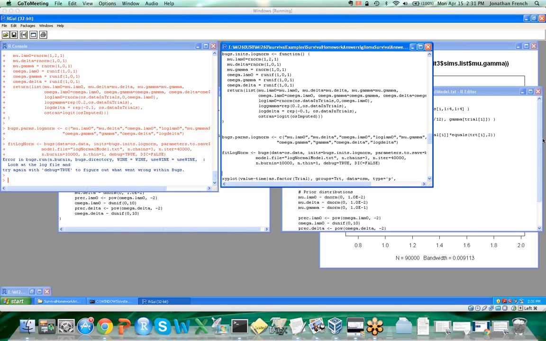Really, what DIC is measuring is a measure of the average deviance, or average log likelihood, plus a penalty term, which is related to an effective number of parameters, and that effective number of parameters is itself related to the deviance.